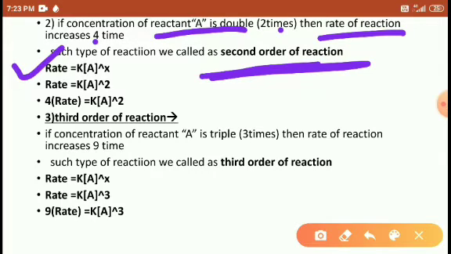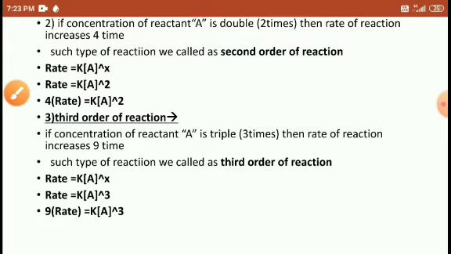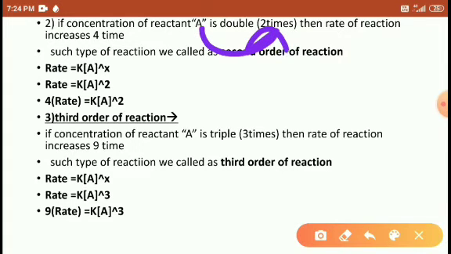I'm mentioning the rate also. Rate is equal to the rate constant times the concentration of A to the power x, right? The concentration of the reactant A is 2 times, then rate becomes 4 times.